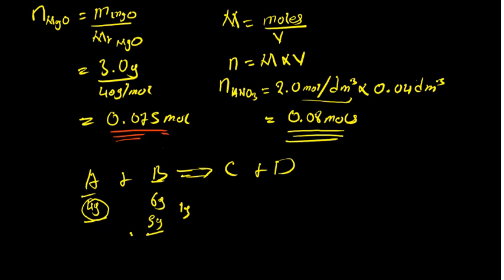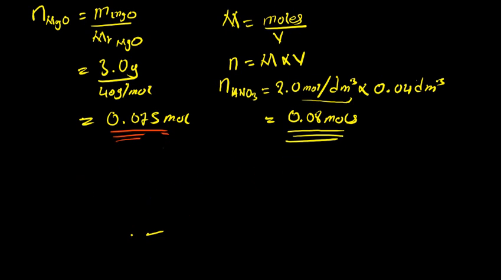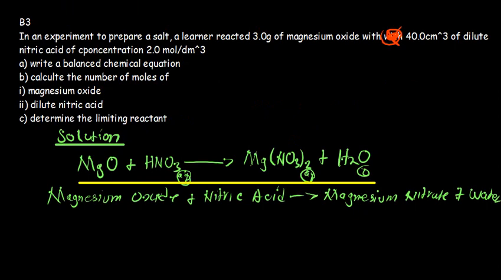So we want to find the limiting reagent between magnesium as well as nitric acid. Okay, so here it's very important that we get back to our balanced chemical equation. Of course, it looks like we didn't balance it.